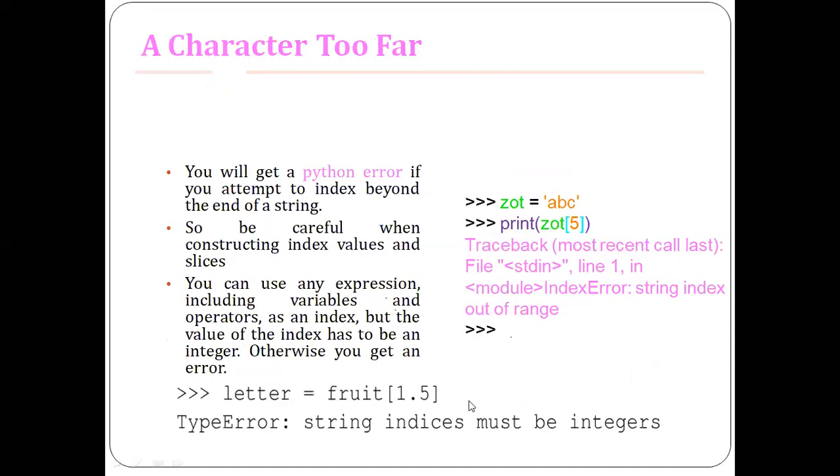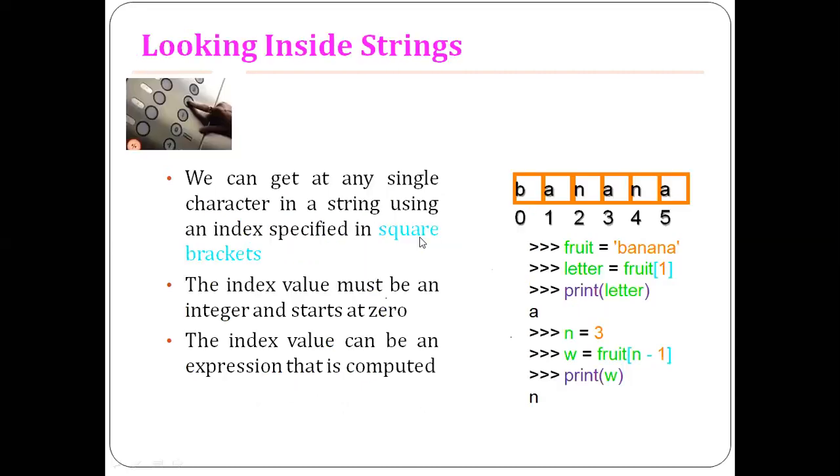Next, if we exceed the character string, or go out of the boundary of the string, it will generate an error message. Let us look at this. You'll get a Python error if you attempt to index beyond the end of a string. Look at this one, BANANA, which has indexes from 0 to 5.